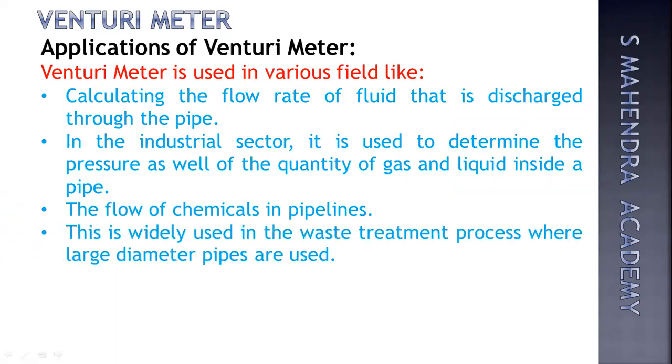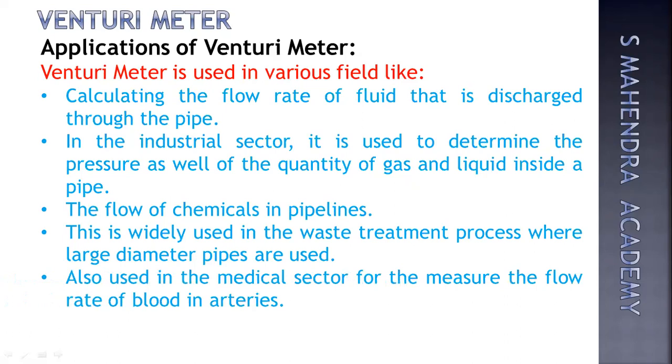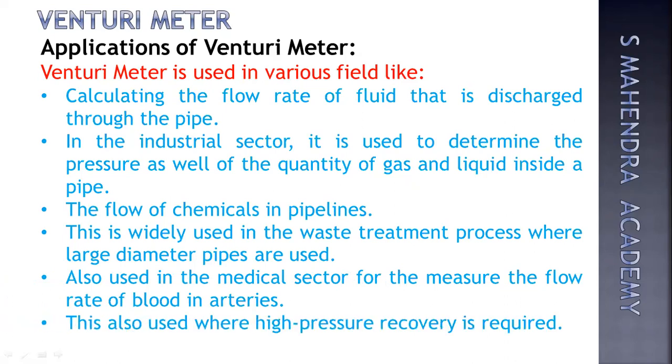This is widely used in the waste treatment process where large diameter pipes are used. It is also used in the medical sector to measure the flow rate of blood in arteries. This is also used where high pressure recovery is required.